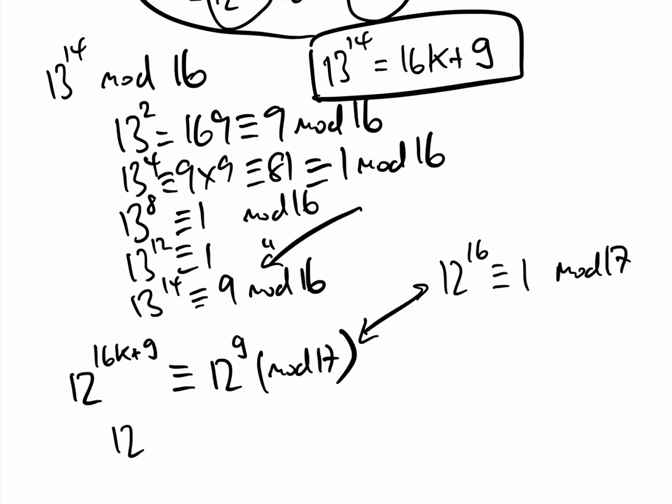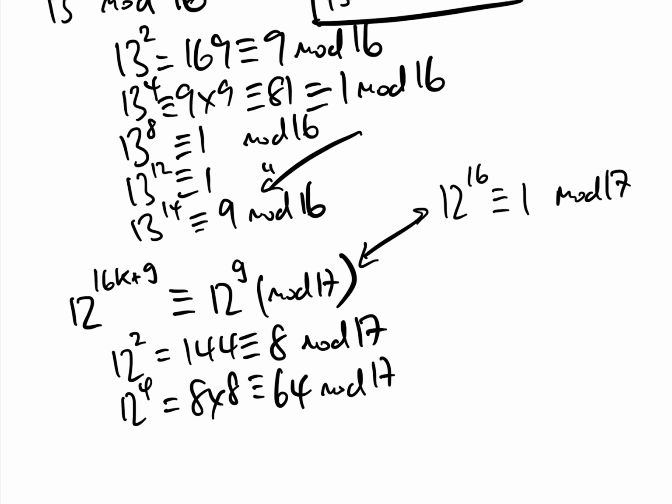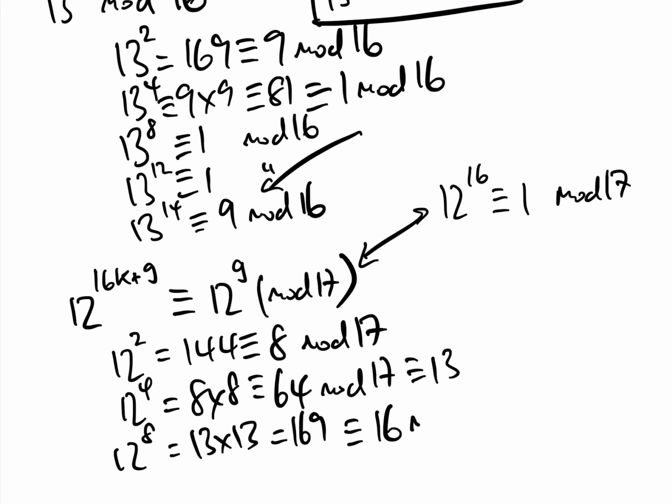And now this is quite simple, so all we need to do is work out what 12 to the 9 is. Well, 12 squared is 144, which equals 8 mod 17. So 12 to the 4 is 8 times 8, which is 64 mod 17, which equals 13. And therefore 12 to the 8 is 13 times 13, which is 169, which is 16 mod 17.